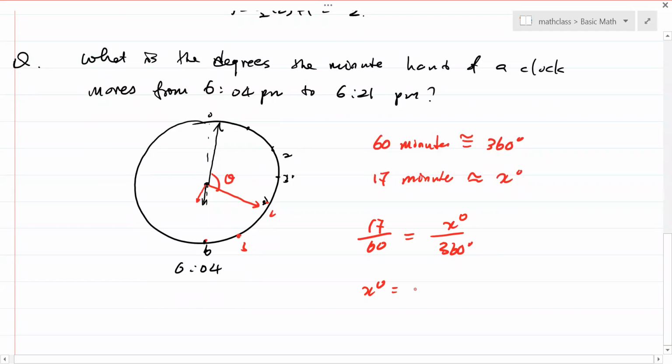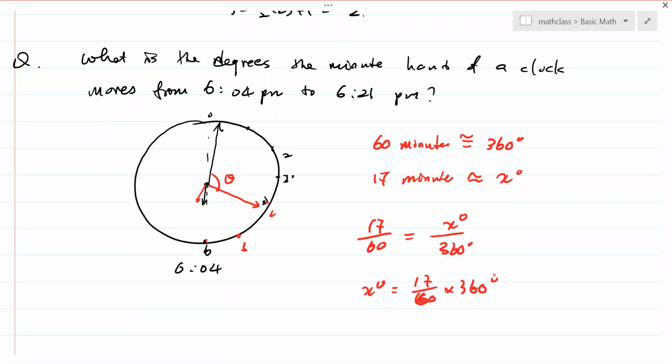Then you solve the equation. You will get 17 times 6, then you get 102 degrees.